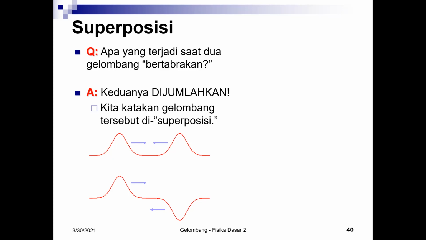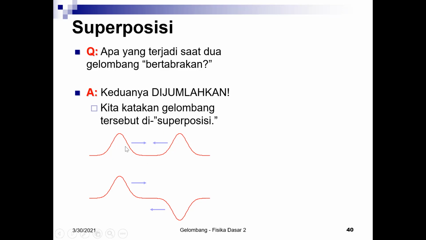Superposition means it's the summation of 2 waves. This is possible because the wave equation is a linear equation. So if we have C1 and C2, for example, as solutions of the wave equation, then the summation of C1 and C2 is also a solution.